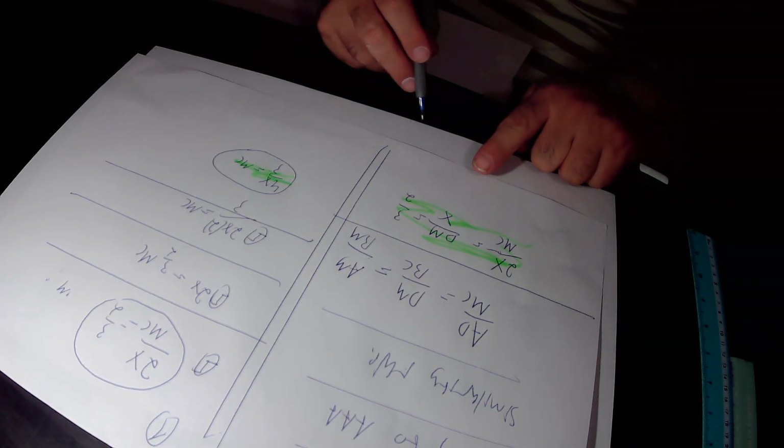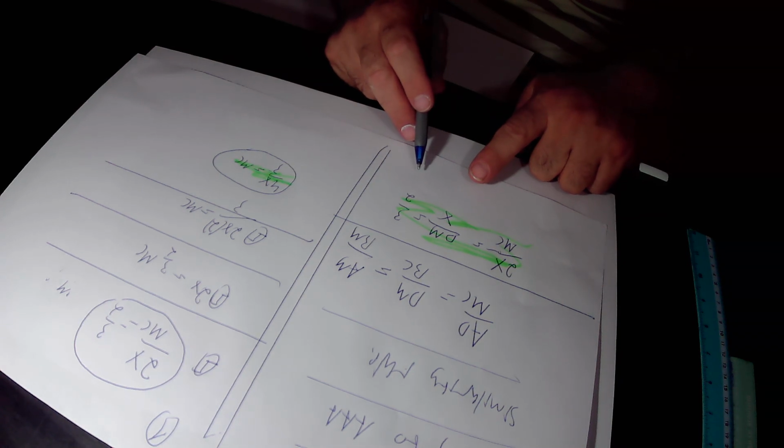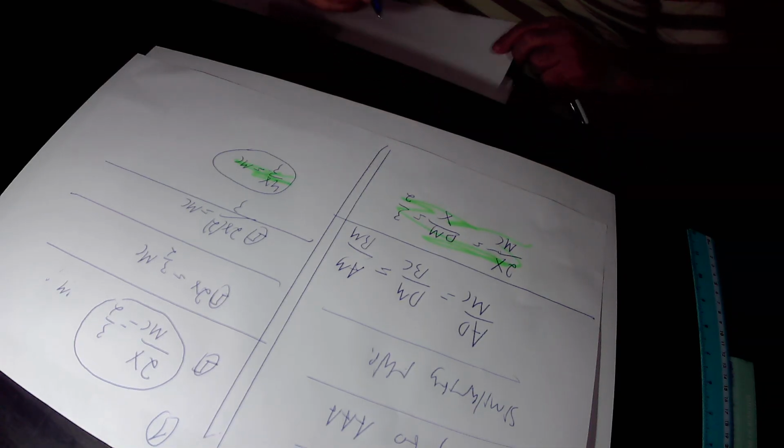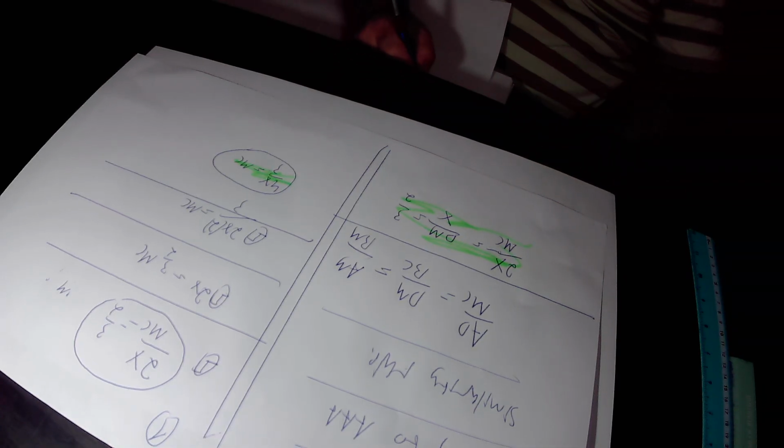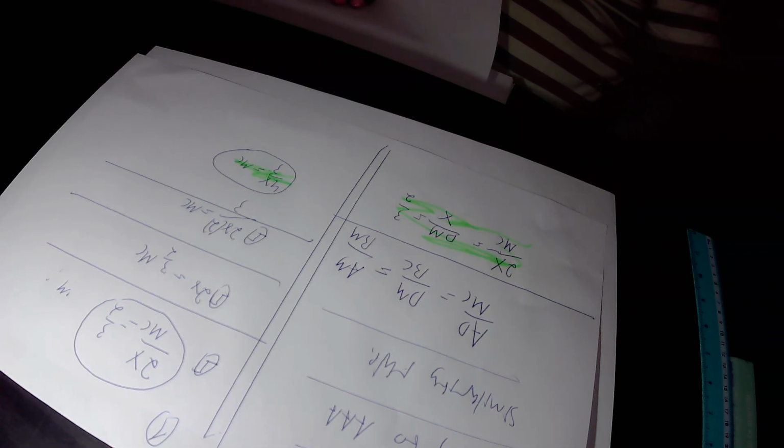This is to say, the second equation will be as follows: DM over x equals 3/2.